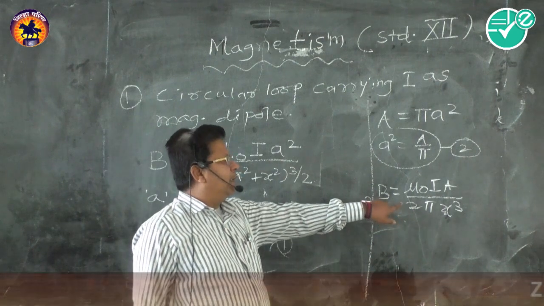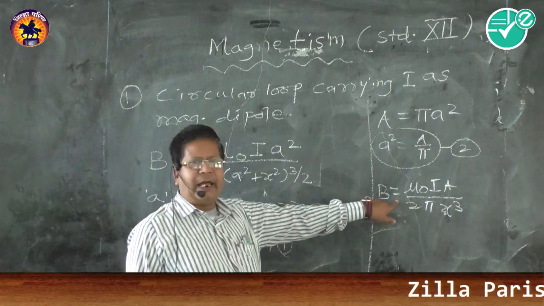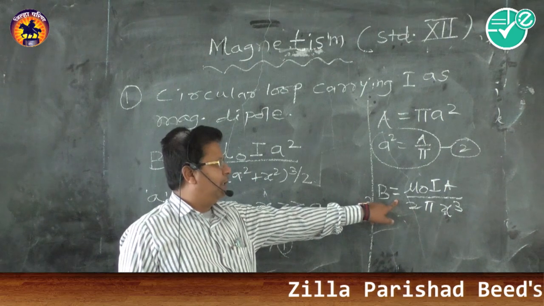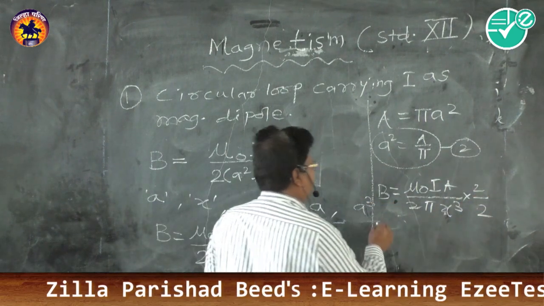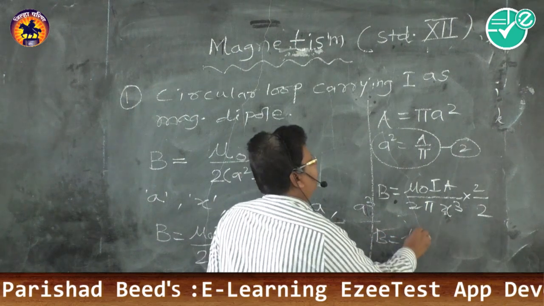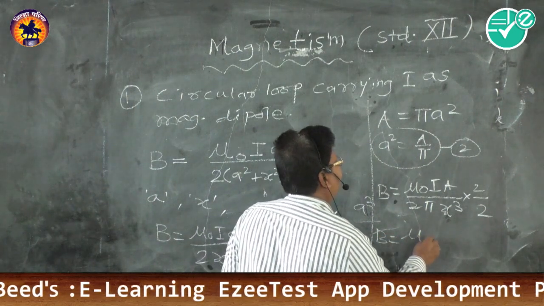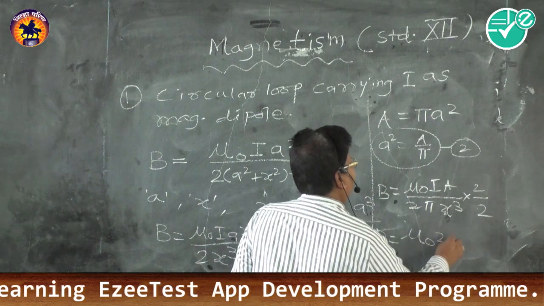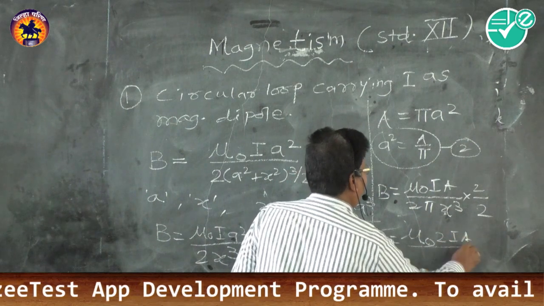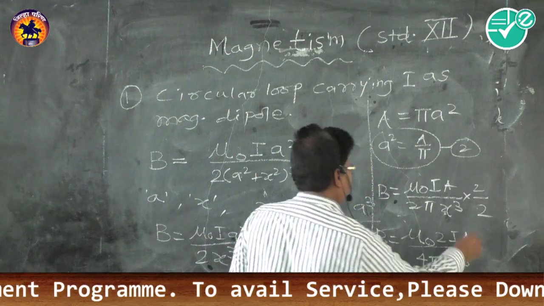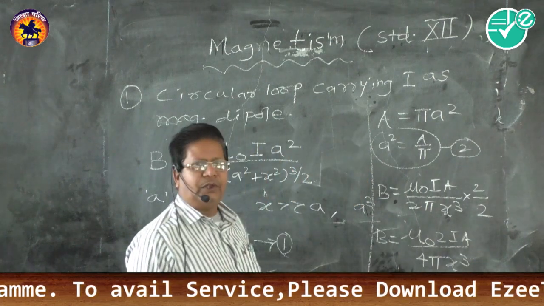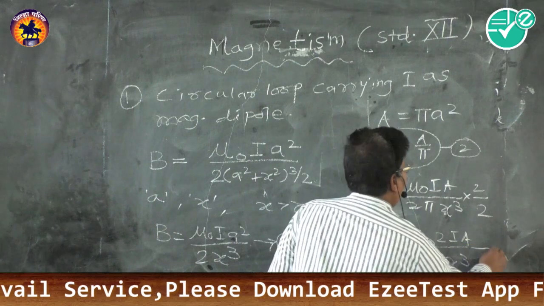Suppose we multiply and divide this equation by 2, then we get B is equal to mu 0 into 2 into I A divided by 4 pi X cube. Say this is equation number 3.